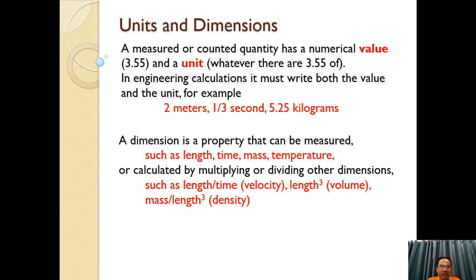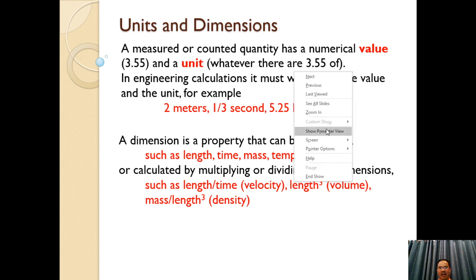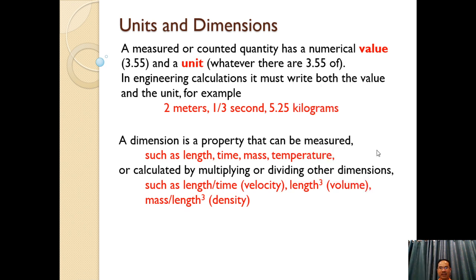For example, when you show a unit of length, it should be, for example, 2 meters. Or a unit of mass is maybe 5.35 kilogram. These are the units. And also the dimension. The dimension is the property that can be measured, such as length, time, mass, temperature. And a dimension may be multiplied or divided by another dimension, such as velocity.